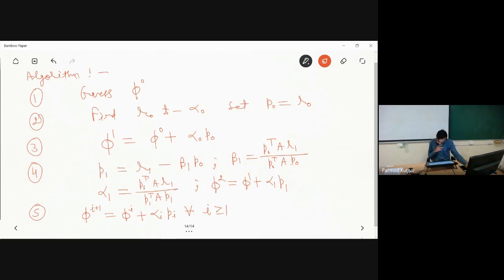And similarly, can you tell me what will be the generic form of beta and alpha?